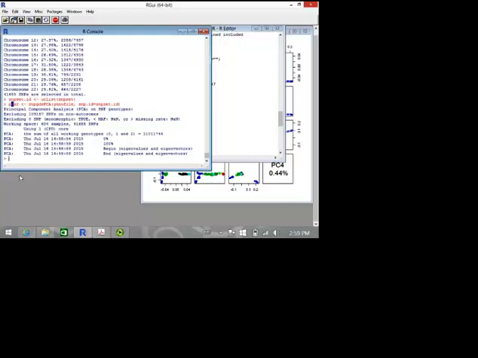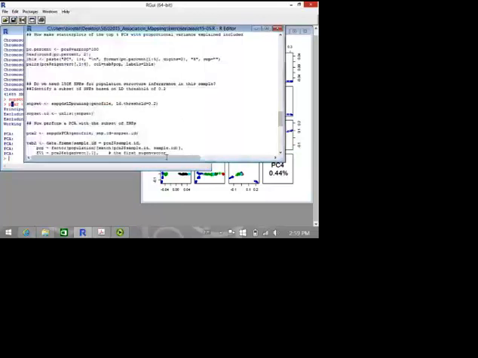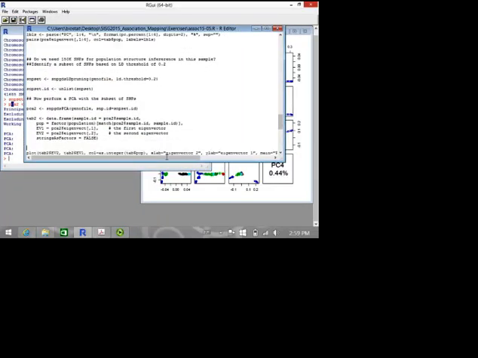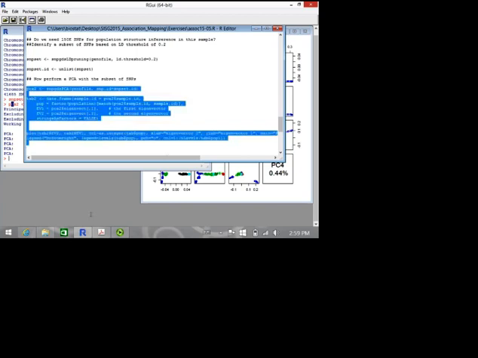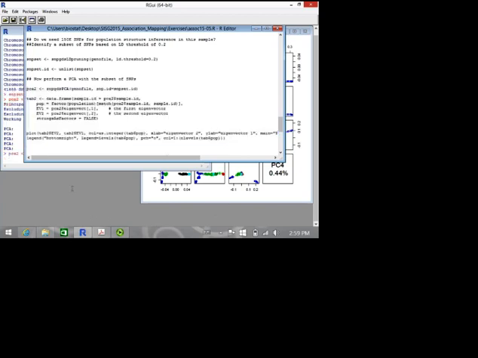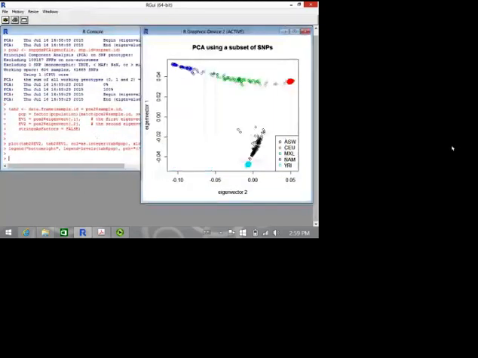Okay, so let's see if we get structure if we only use a third of the SNPs. Okay. So here it is.